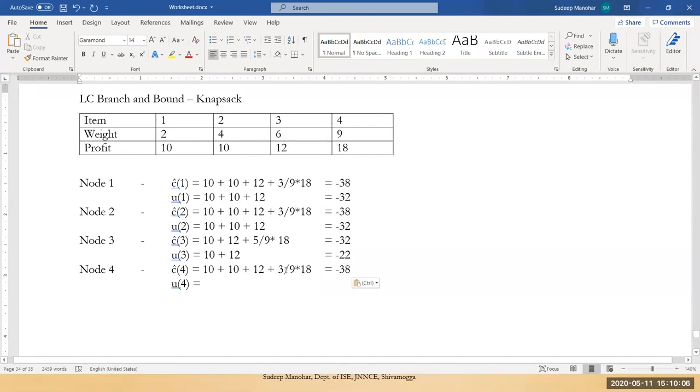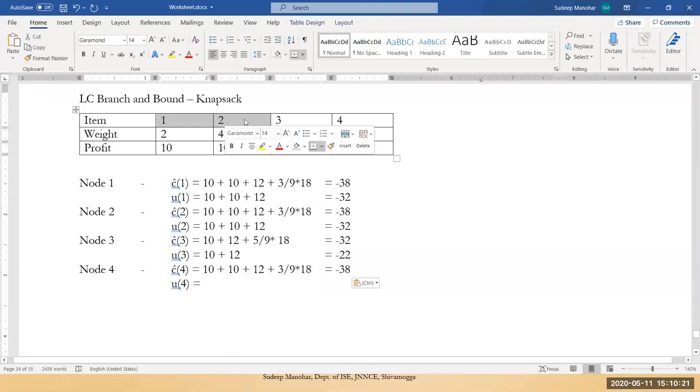That fraction you are considering, and this is the same as the first node itself, no changes. Without fraction also you will get the same thing, because you have to consider items 1 and 2.